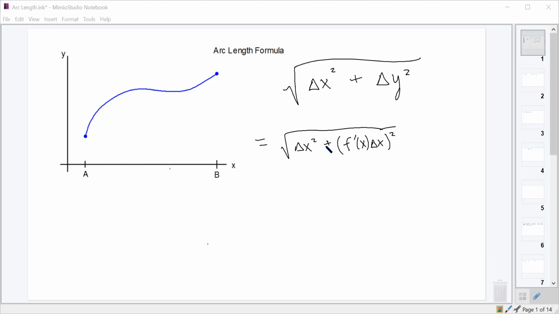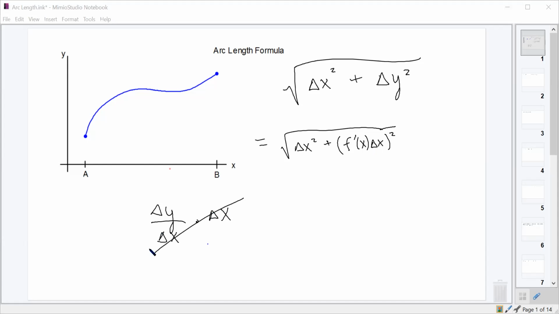And so the change in the x is just the change in the x, and the change in the y using a tangent line is just whatever the slope is times however far over I go in x, right? I mean, your f prime is just your delta y over delta x. And if I multiply that by delta x, that ought to give me delta y, right? And so that's effectively what we've done here. We've said f prime is a change in y over a change in x. It's a slope. And so we're multiplying it by the delta x to just turn it back into a delta y.